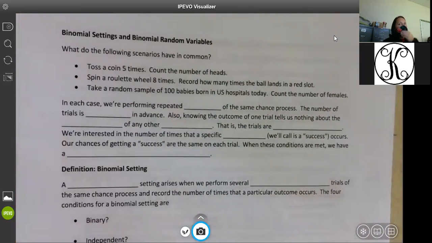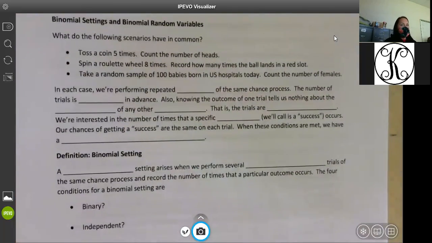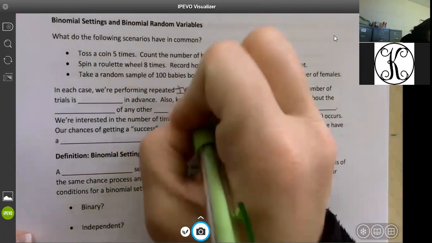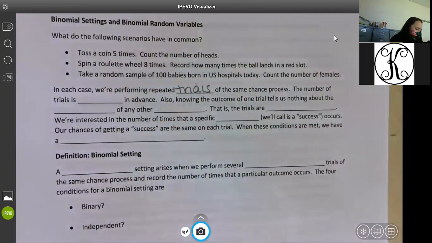Binomial settings and binomial random variables. What do the following scenarios have in common? Toss a coin 5 times, count the number of heads. Spin a roulette wheel 8 times, record how many times the ball lands in a red slot. Take a random sample of 100 babies born in U.S. hospitals today and count the number of females. In each case, we're performing repeated trials of the same chance process.